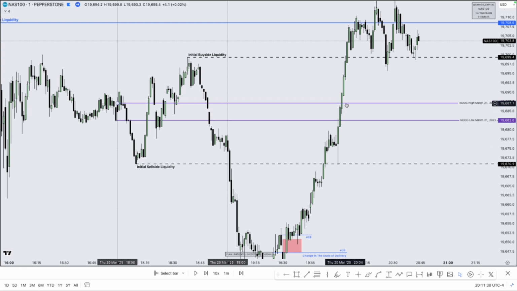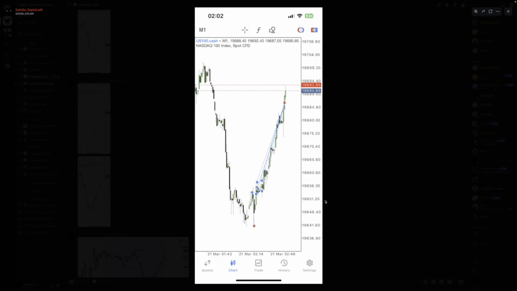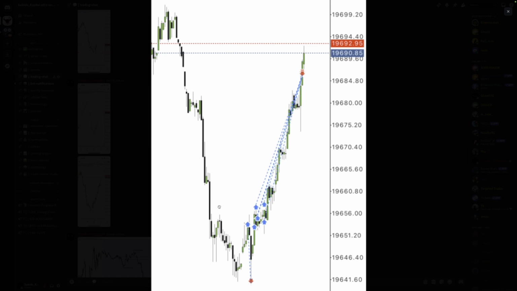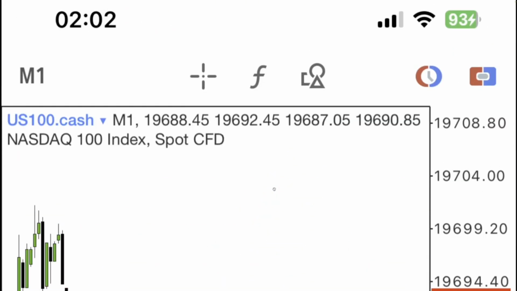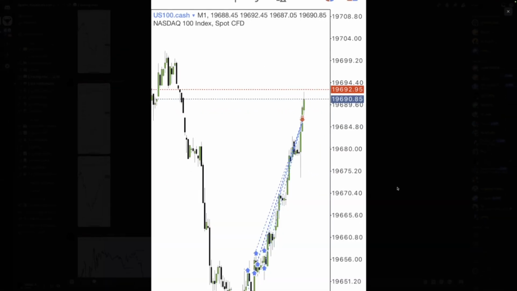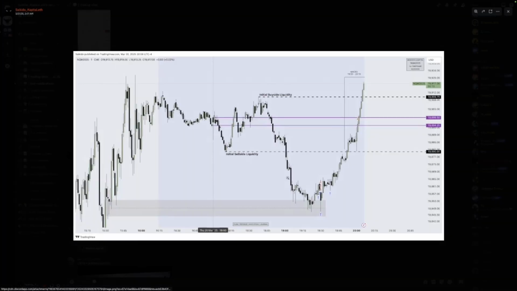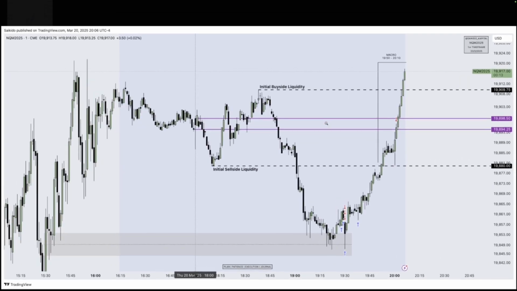So I took a majority out here. You can see that. And this is the setup on futures. You can see it made a higher high, but even on futures I got stopped out for some reason, because it went lower sharply to the downside with displacement, with so much speed.